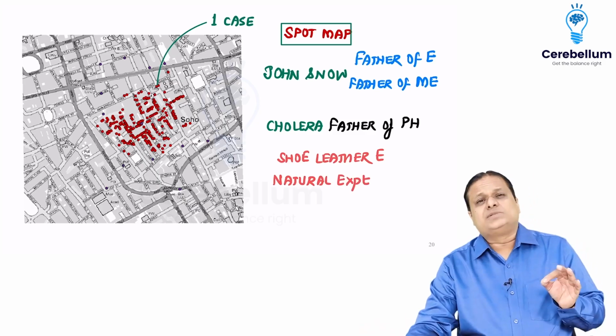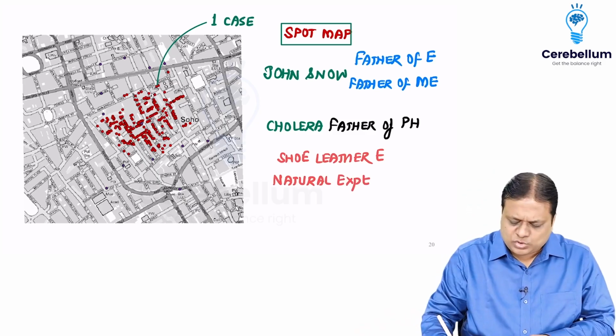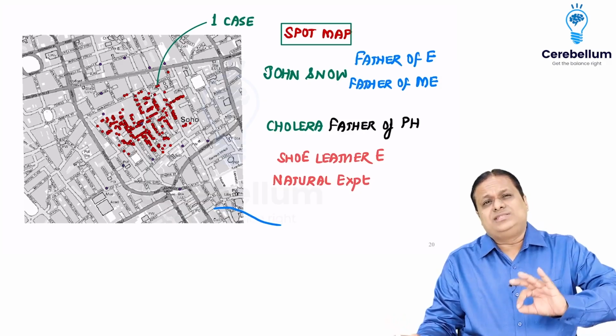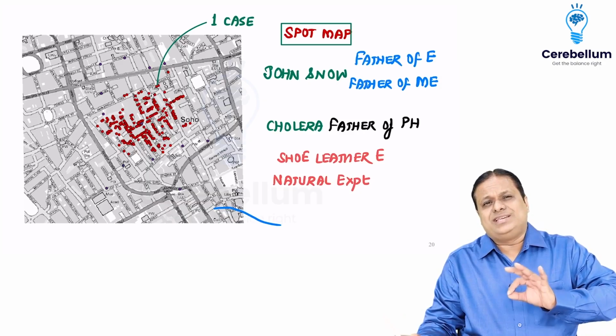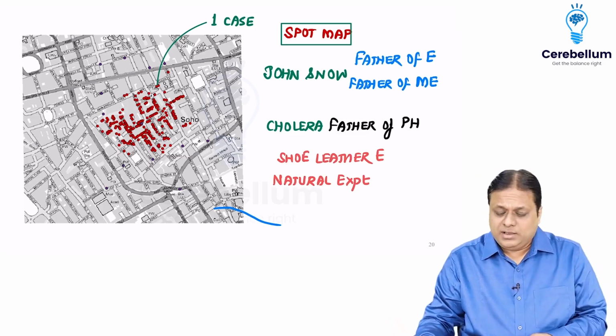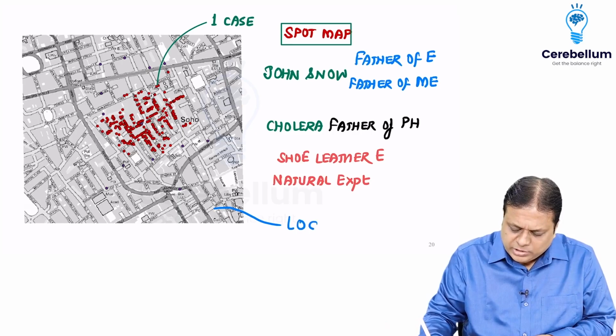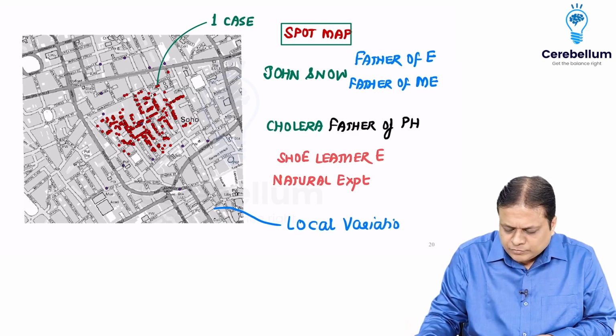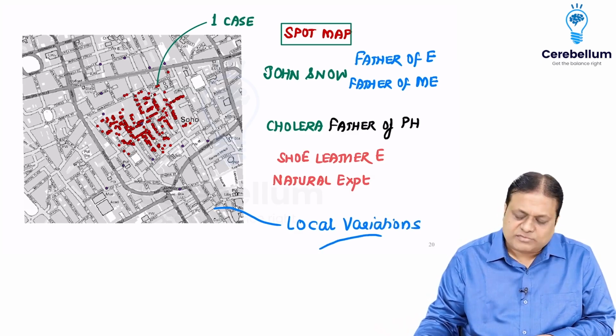Please remember, spot map actually shows you not state wise, not district wise, not national or international, not rural urban, but it shows you only local variations for a particular disease in a geographical area.